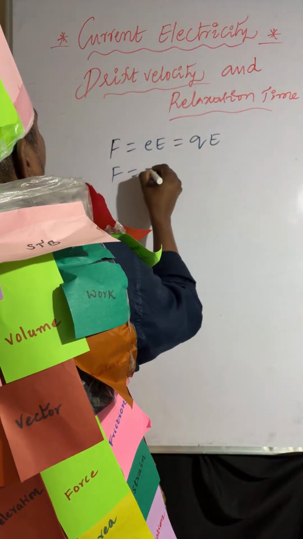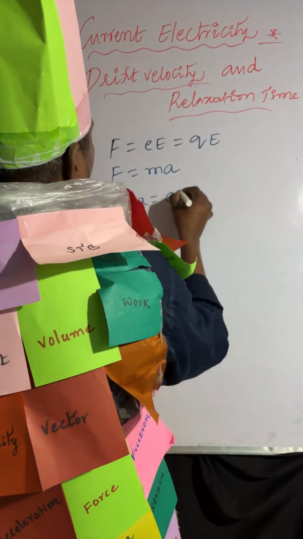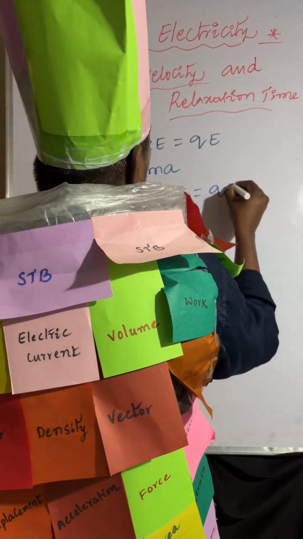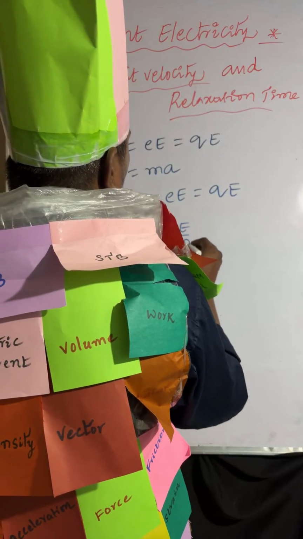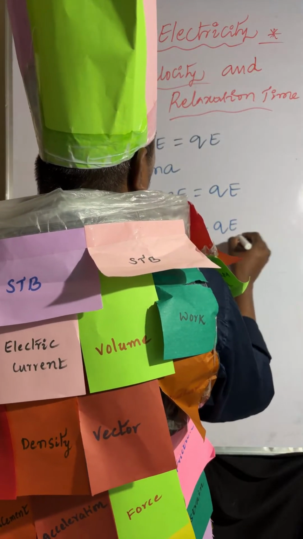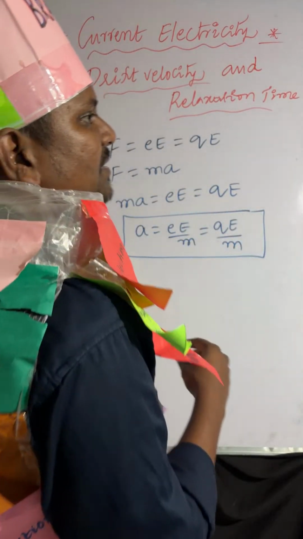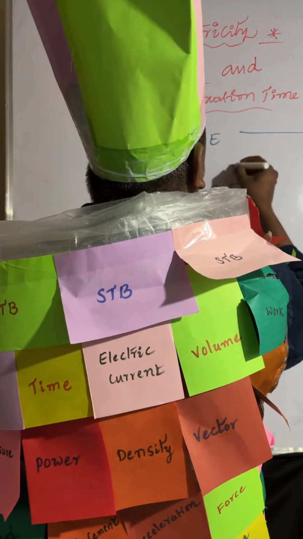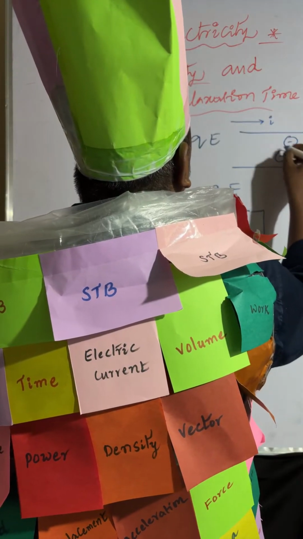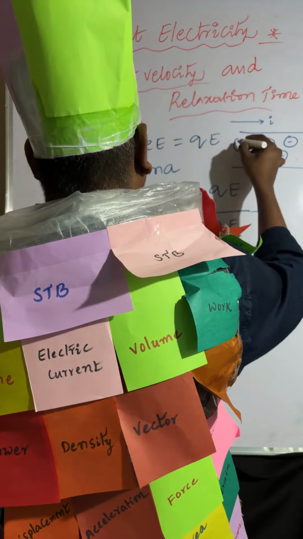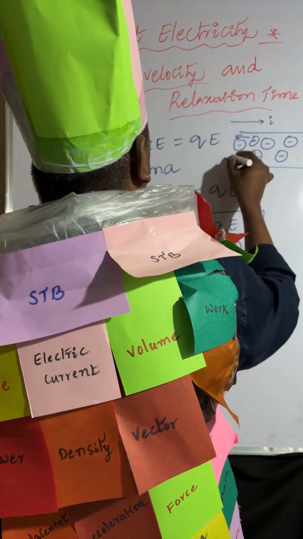F equal to ma, so ma equal to eE, or qE, or a equal to eE by m, and we can also write qE by m. Here you can observe the current is moving like this, the electron is moving opposite to the current direction. So drift velocity will be opposite to the current direction.